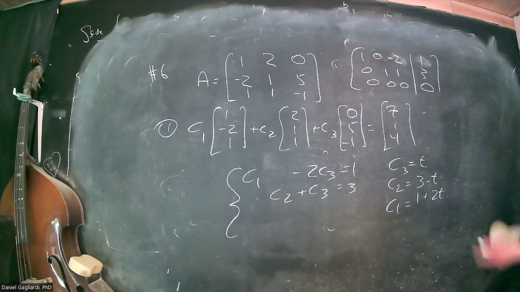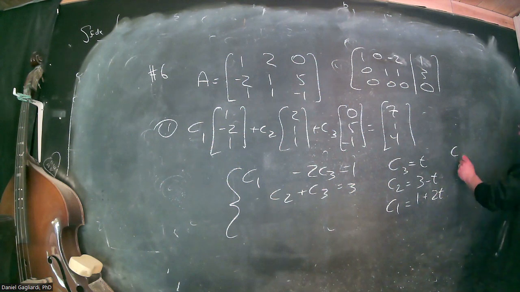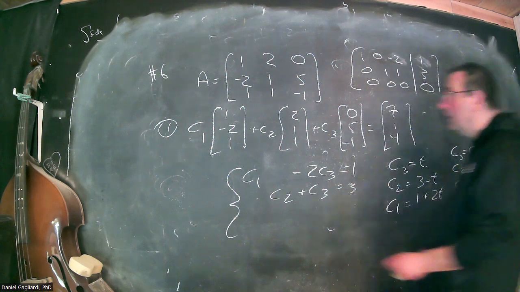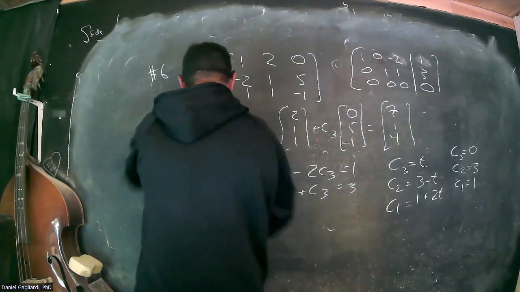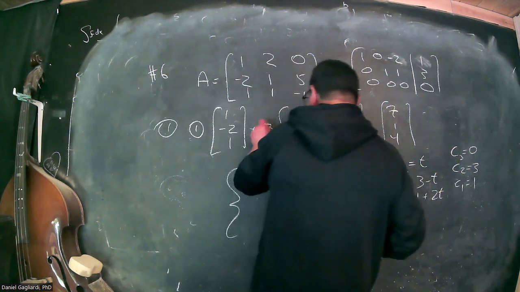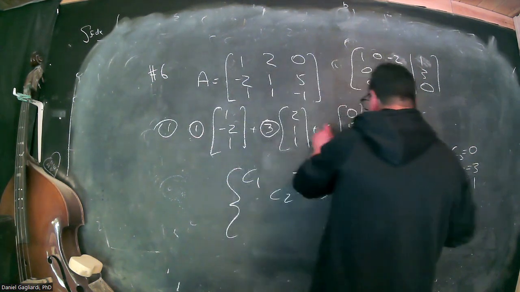All right, so why don't we pick T equals 0? If we pick T equals 0, then C3 equals 0, C2 equals 3, and C1 equals 1. Now, if C1 is equal to 1, let's put the 1 over here, and C2 is equal to 3, put the 3 over here, and a 0 over here.